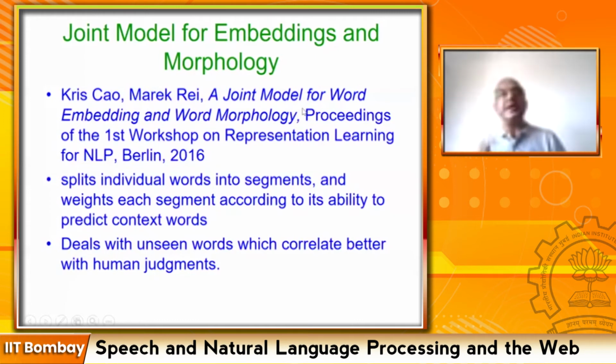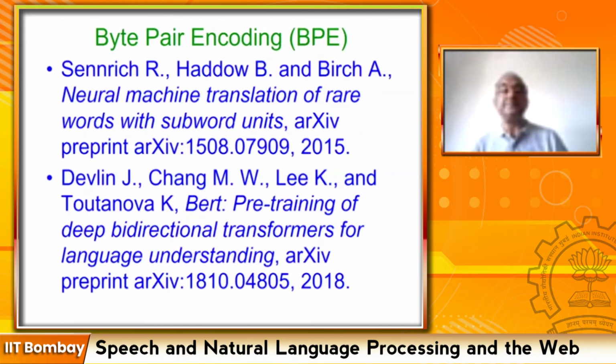Typically two layers of the text which are adjacent to each other, one below the other or one above the other, can be jointly done, to the mutual benefit of both. So this was word embedding and word morphology jointly being done, and here morphological analysis and embedding of the subwords are jointly created. Interesting piece of work. I thought of mentioning this to the class because joint modeling is important in NLP.